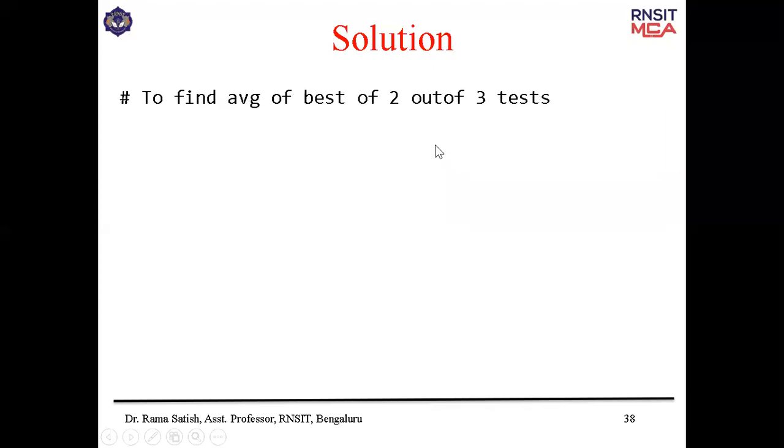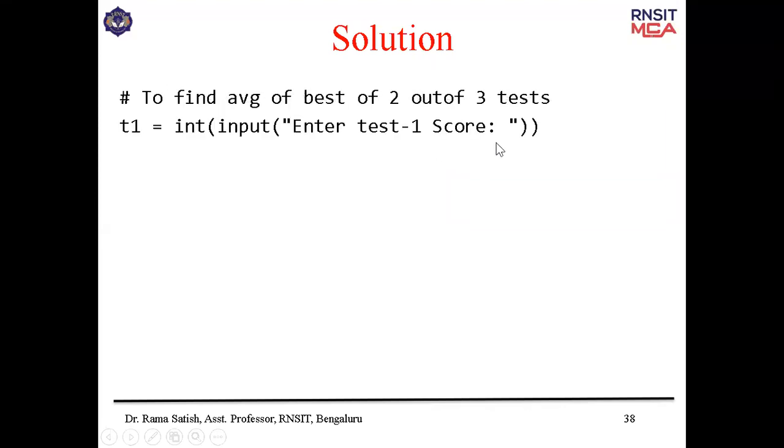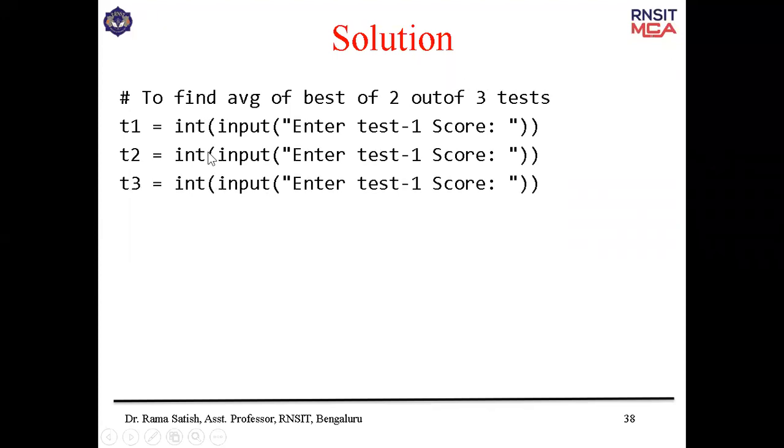Look here, finding the average of the best two. You are taking the test 1 score, test 2 score, test 3 score: T1, T2, T3. And you find the minimum value, the minimum of T1, T2, T3. If you remove the minimum value out of the three tests, you are left with the best two tests.